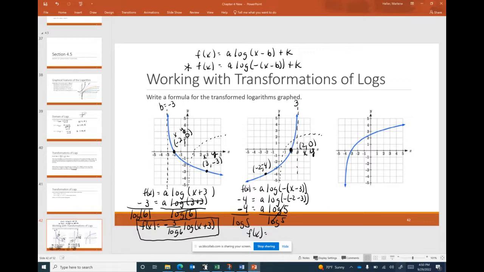Let me write it up here. F of x equals negative 4 over log 5 times the log of negative x minus 3.